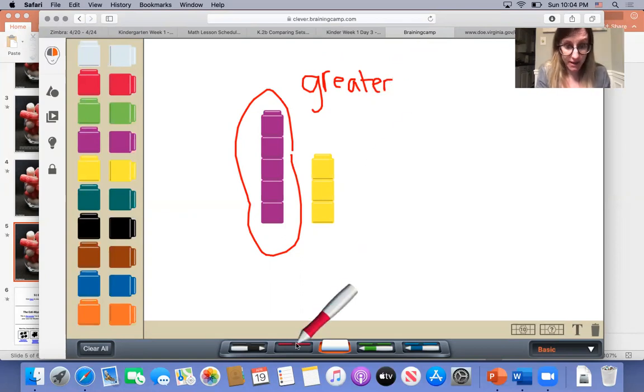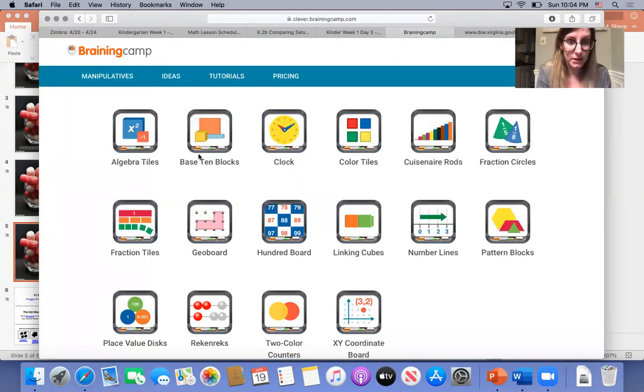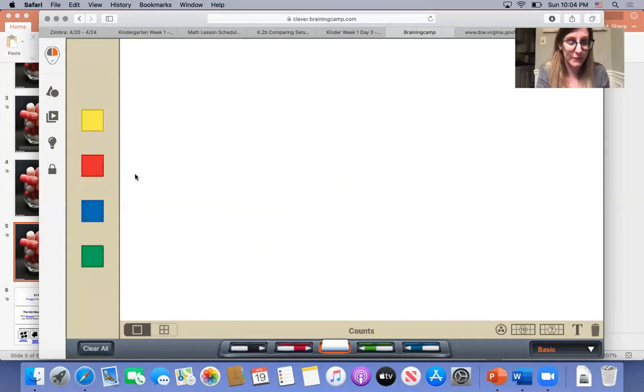Or maybe you have a tool. I could use tiles maybe, where you can lay them out in front of you so that they look like they're a tower instead of stacking them on top of each other.